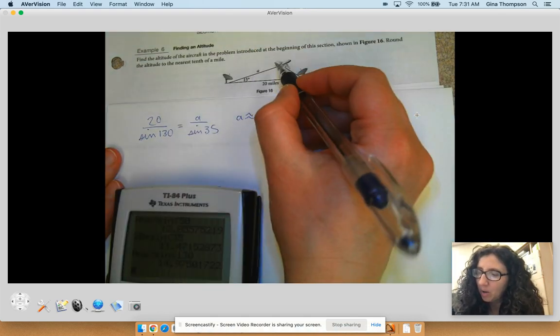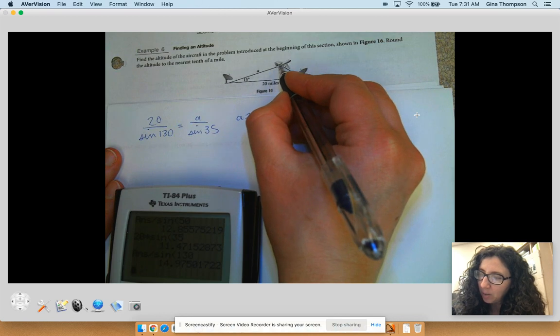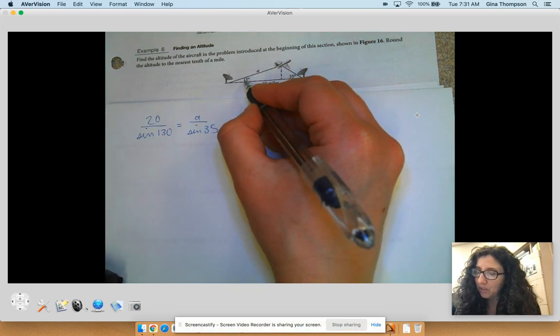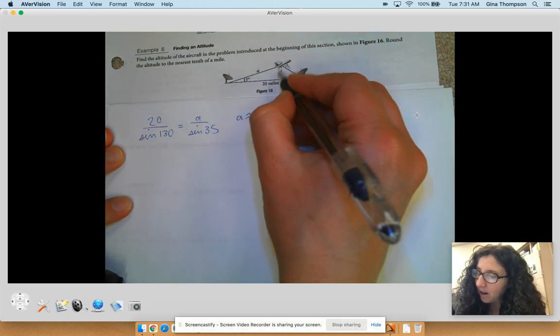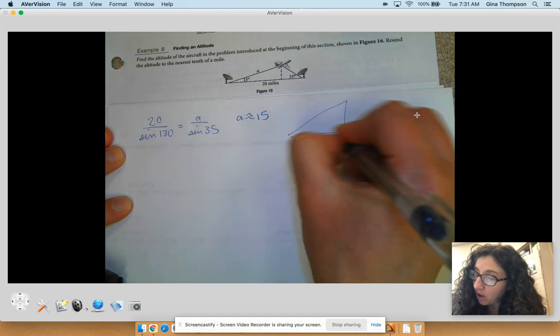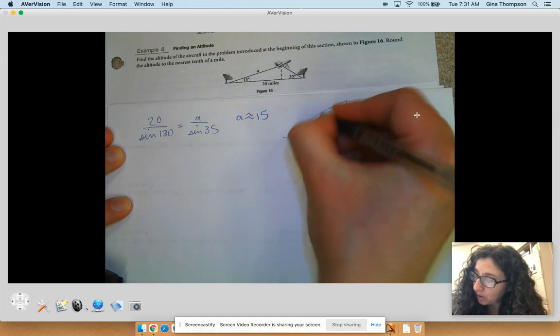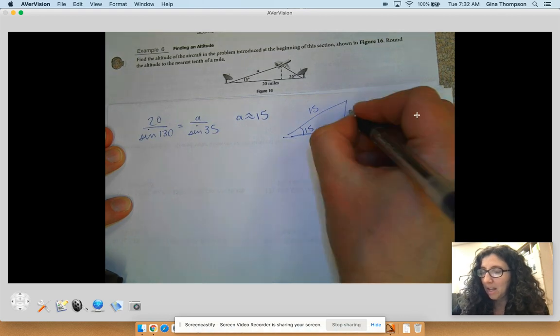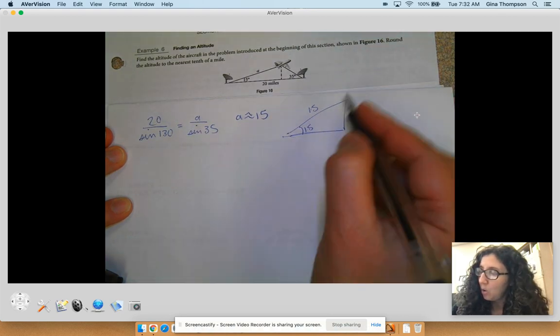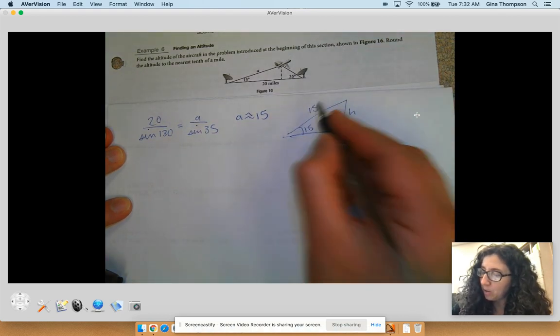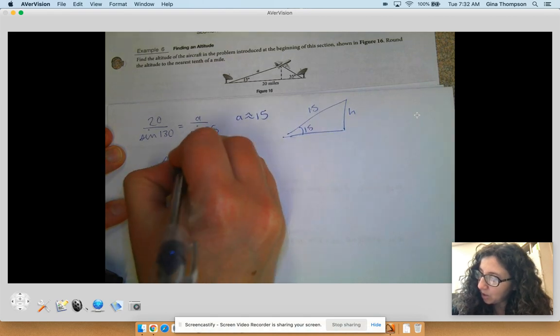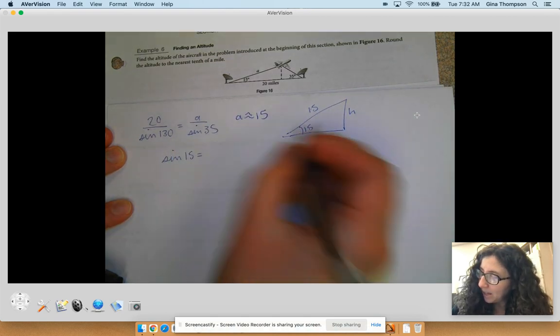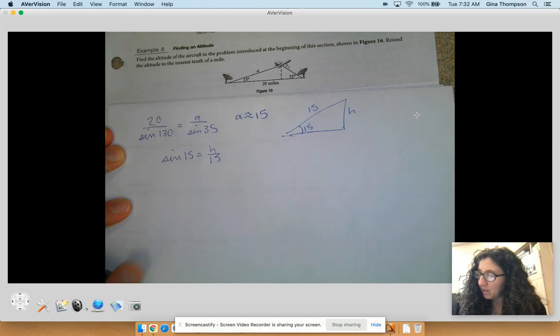Okay, so if we know that that's 15, and we know that this angle is 15, let's find that height, right? So now it's not a law of sines problem, it's just a regular old, what's that height? Well, opposite and hypotenuse, so I'm going to say sine of 15 degrees equals h over 15 miles.